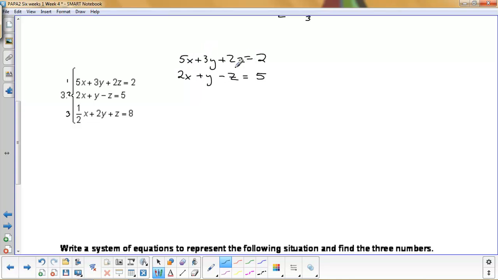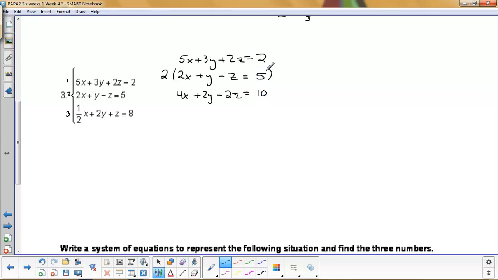Okay? So notice here that the z has a switched sign and we can easily turn the 1 into a 2. So I will multiply by 2. So I get 4x plus 2y minus 2z equals 10.